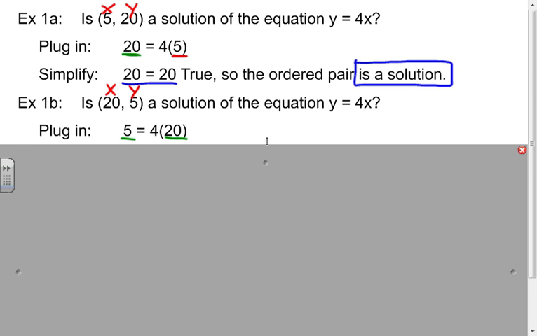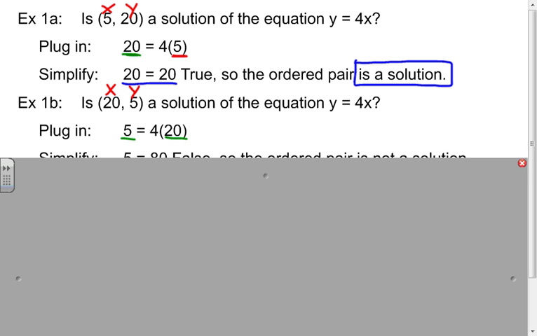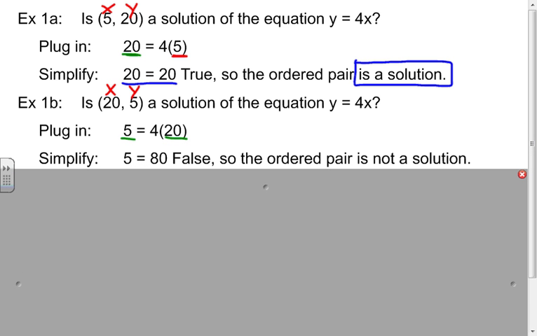If I do that, and I do the math, 4 times 20 is 80. 5 does not equal 80. So that's a false statement. If I get something that's false, that means that my answer is not a solution.